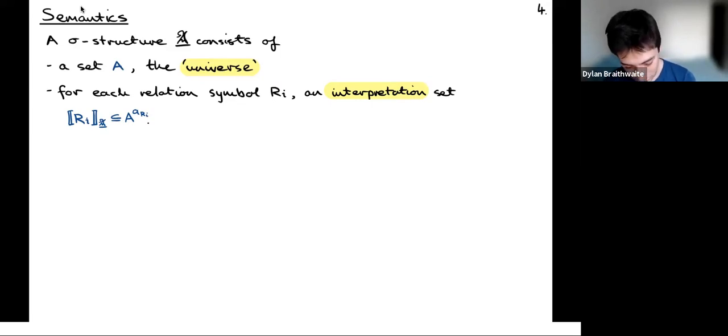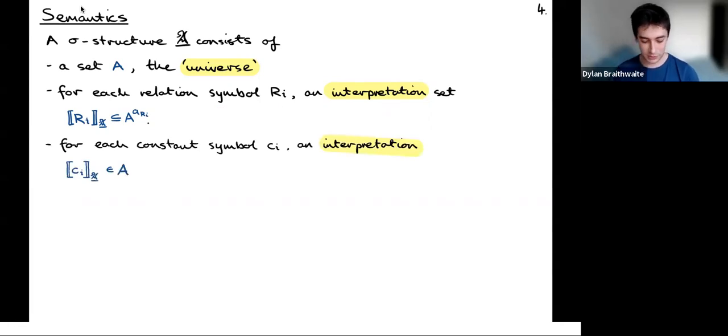Here, this is just the arity of the relation symbol. So as before, when we had the less than symbol, that would be interpreted as some subset of A squared. Then the next thing is constant symbols, which are just interpreted as elements of A. That's a bit more straightforward.